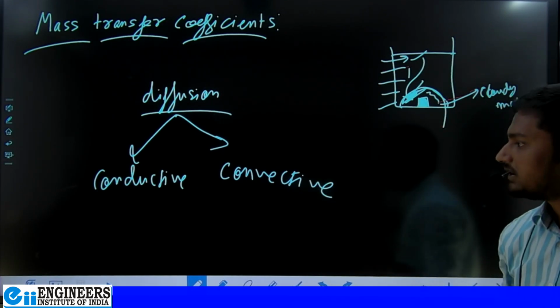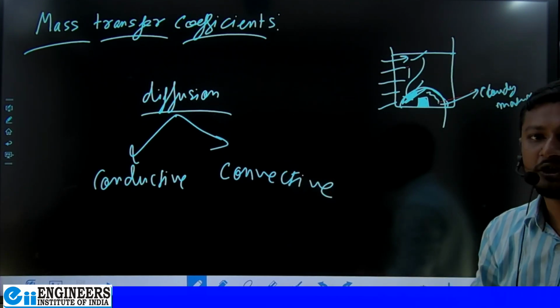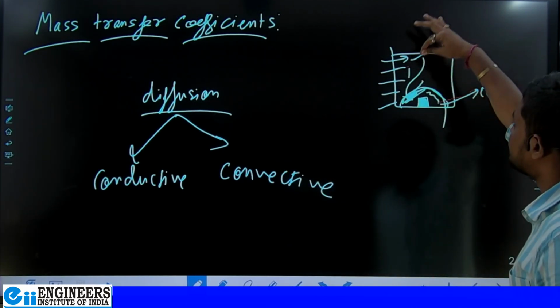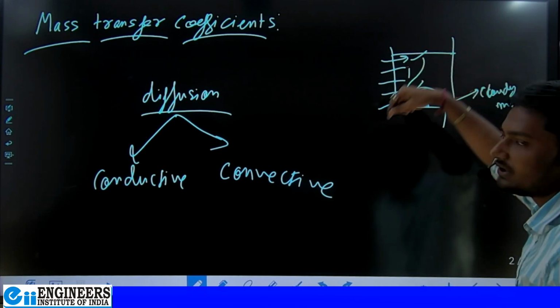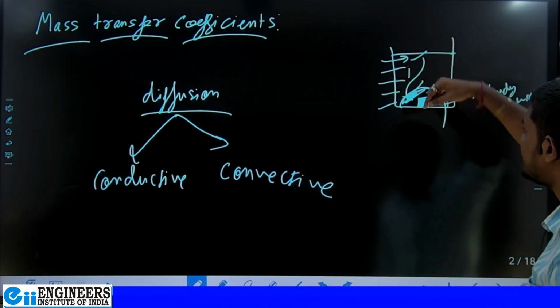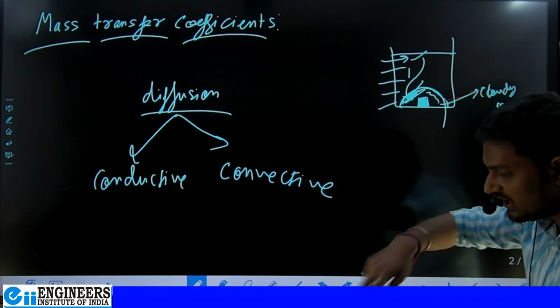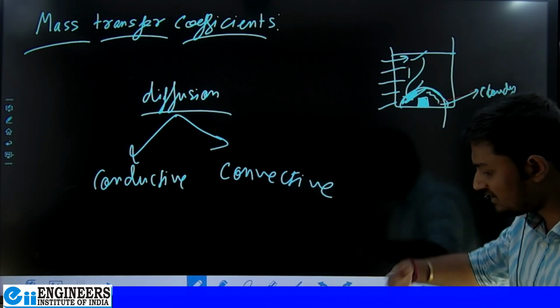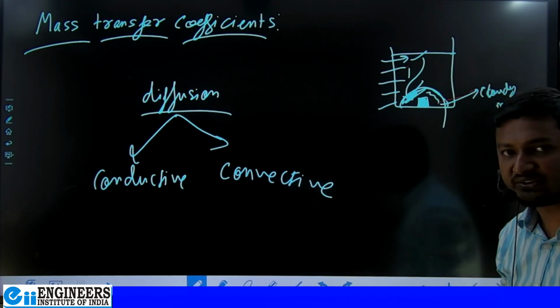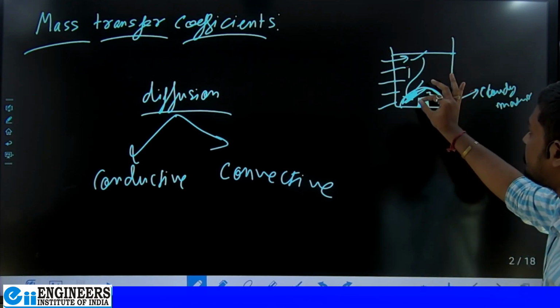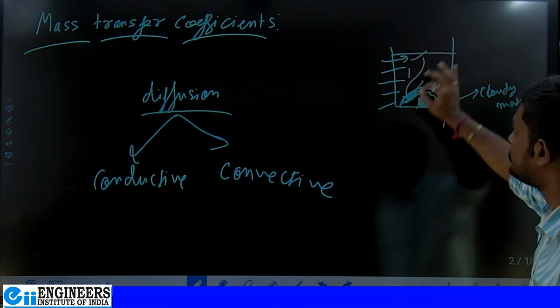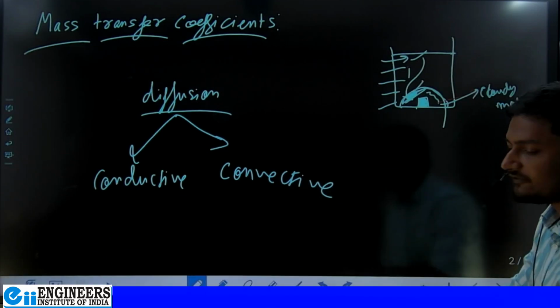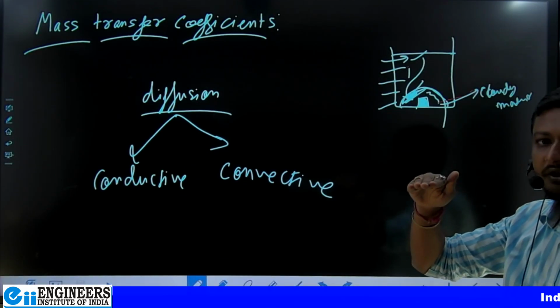Now you take a spoon, put it inside the beaker and stir it. Once you stir it, we are applying some external force, and mass transfer will happen in that case also. The sugar molecules will travel from here to here, everywhere, and get uniformly distributed throughout the entire beaker of water.